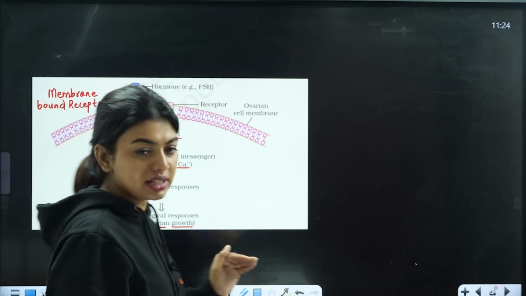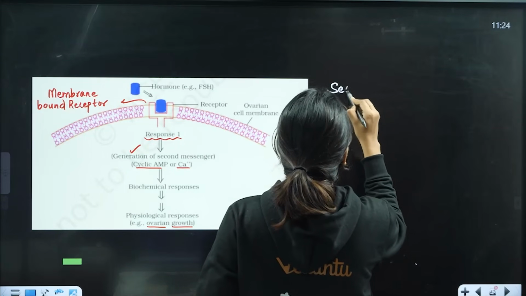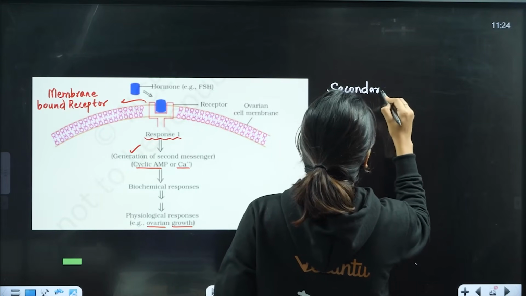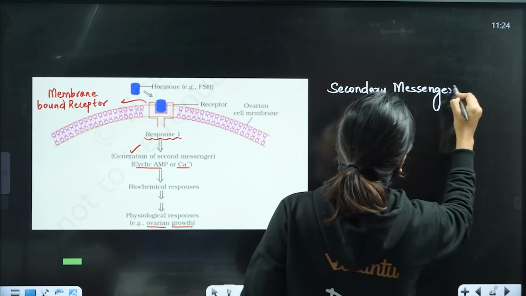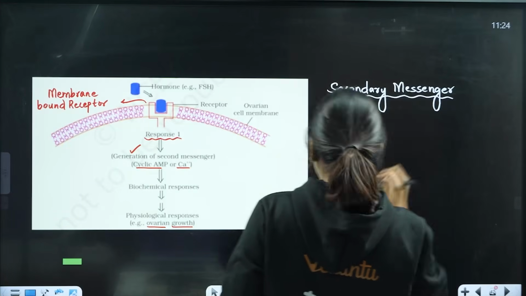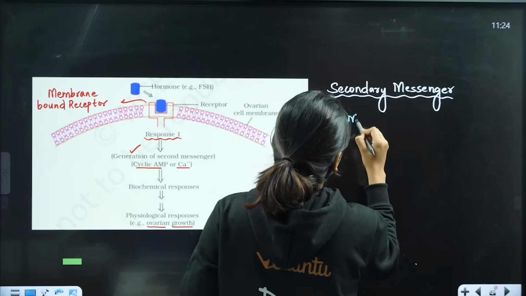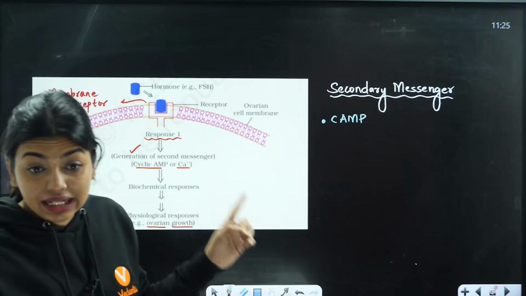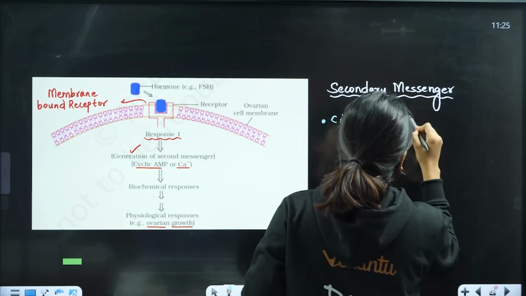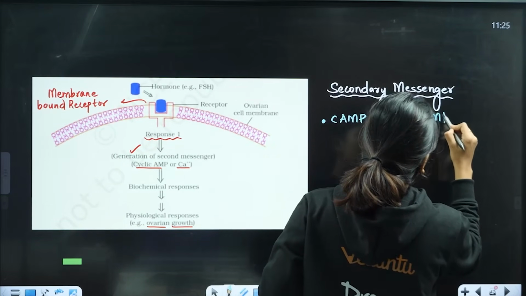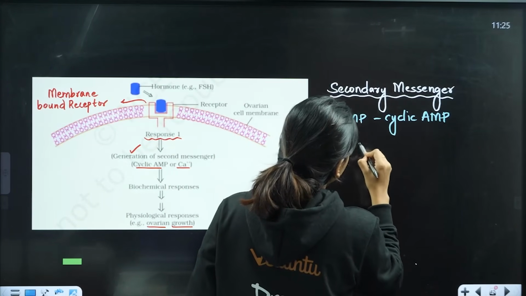So the secondary messengers are very important. Some of the secondary messengers that you have to remember: cyclic AMP, with the c in small letter and then AMP. Then, importantly given in your NCERT, calcium ions.